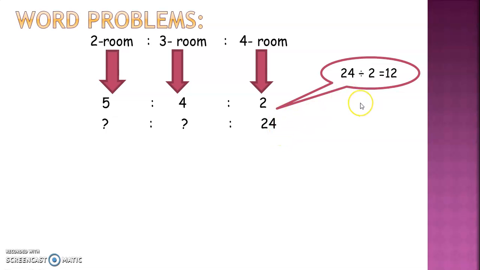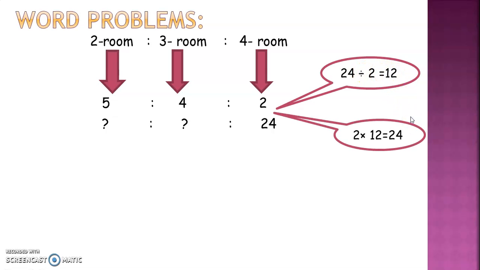So you have two methods again. Either you divide 24 by 2 to find the number which is multiplied with 2 and its answer is 24, so 24 divided by 2, its answer is 12. Or if your table is very good, you can directly say 2 12s are 24. So you have the option.